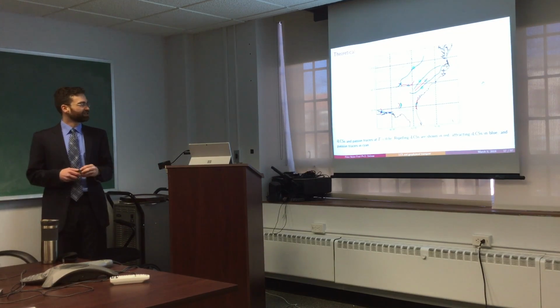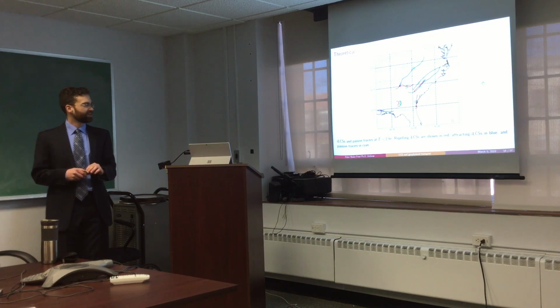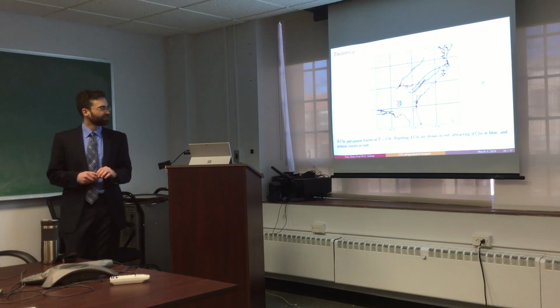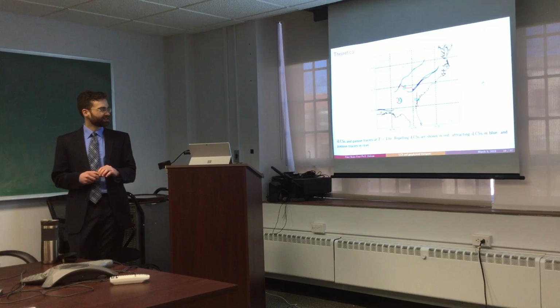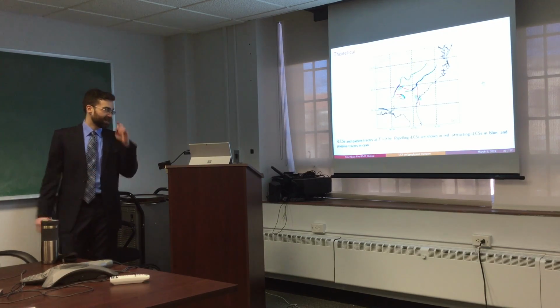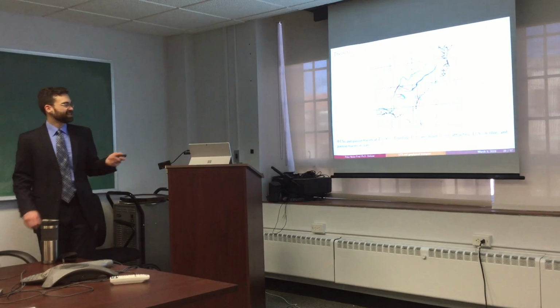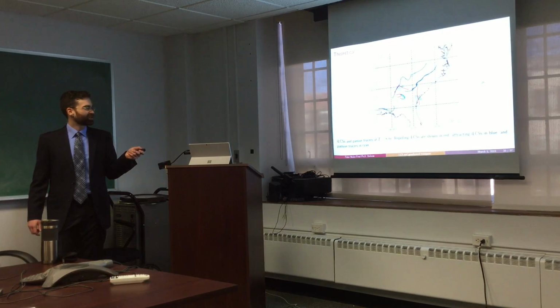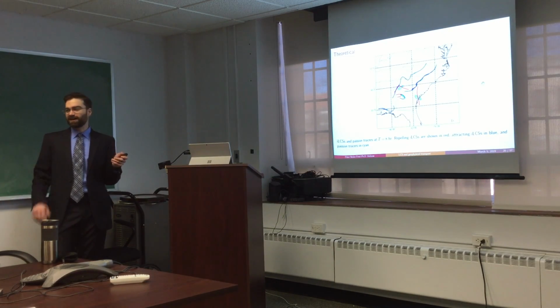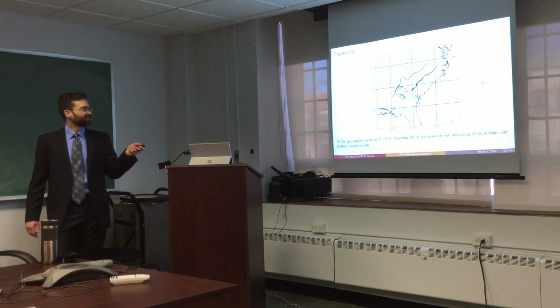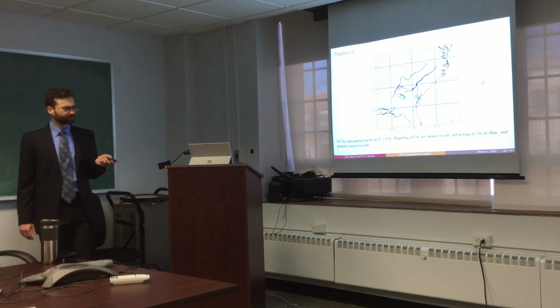So this is the initial configuration, and this is 2 hours later, 4 hours later, and finally 8 hours later. And we can see that material has diverged from the repelling ILCS, and that they've collapsed onto the attracting ILCS.